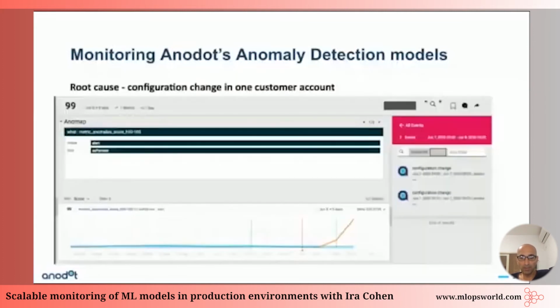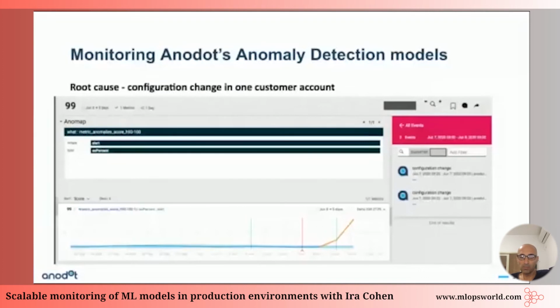When I went to investigate it, I went into the system, and this is a screenshot from our system showing me the metric that had this anomaly. And just prior to it, I see that for one customer, there was an event that was correlated with this change. There was a configuration change event for one particular customer that was correlated with this anomaly.